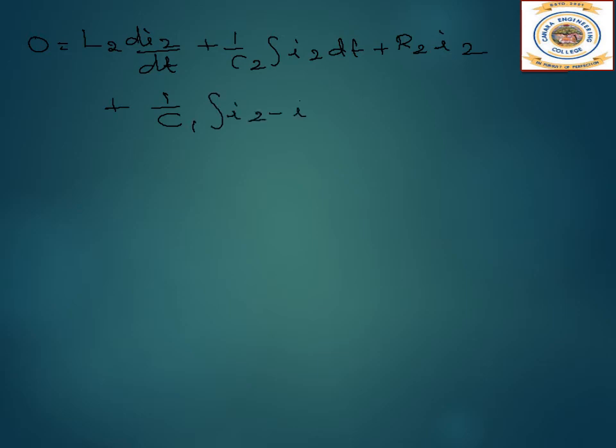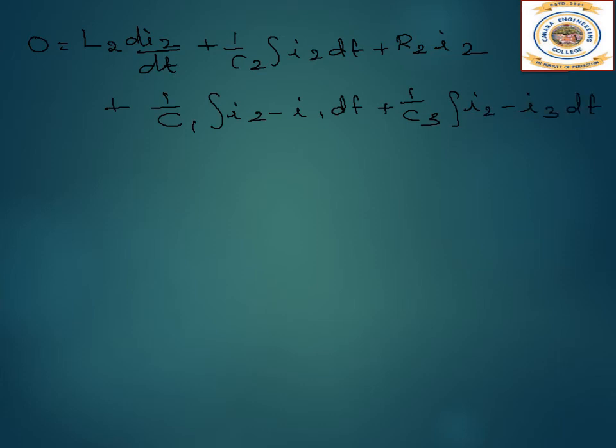Coming to equation 2, 0 equal to L2 di2 by dt plus 1 by C2 integral I2 dt plus R2 I2 plus 1 by C1 integral I2 minus I1 dt plus 1 by C3 integral I2 minus I3 dt.